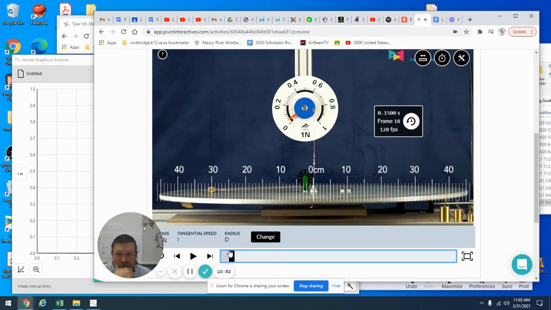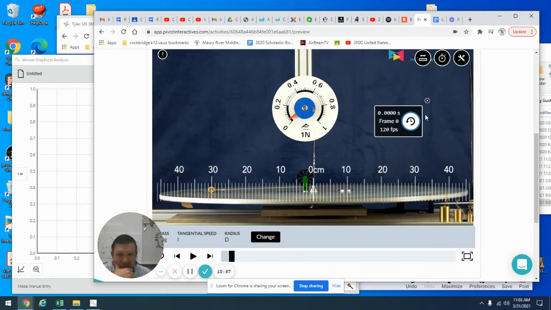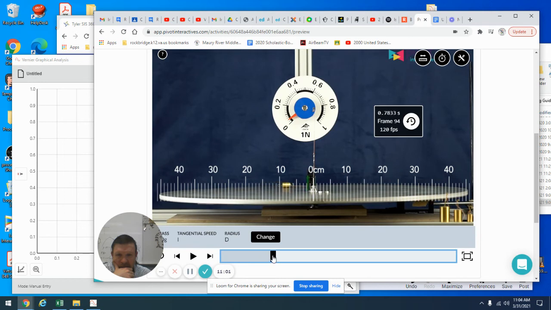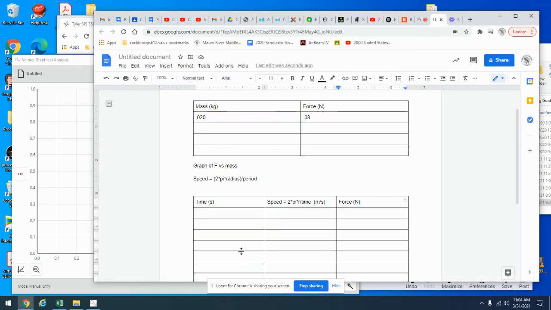So it looks like I'm going to start here and then see how much time it takes to get back to there. So there's my 0 time, and all the way around we go till it gets back to right there. So it looks like that took about 3.9 seconds. Okay, so I'll record that.